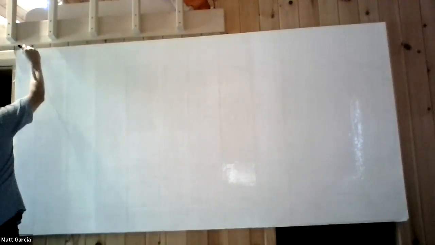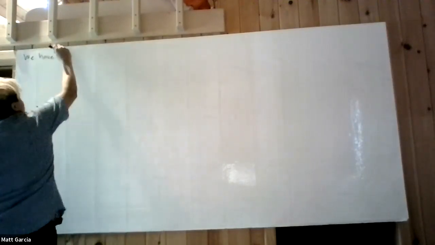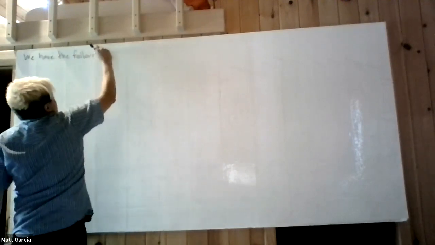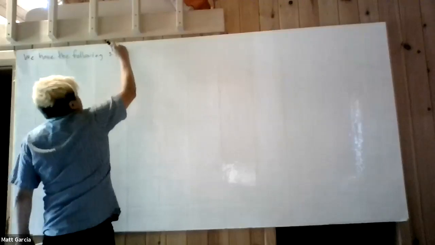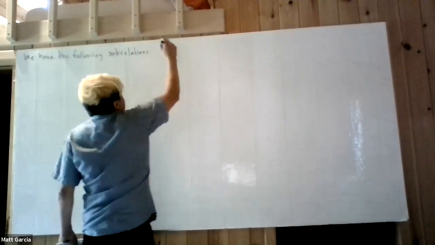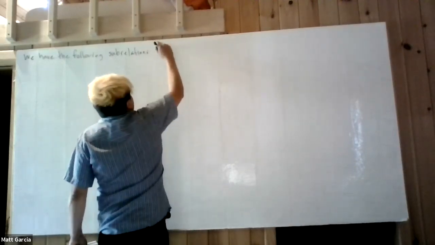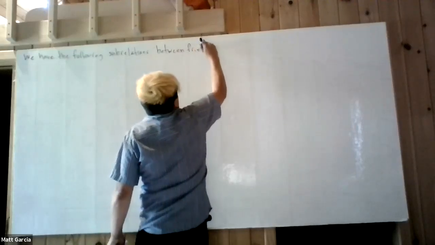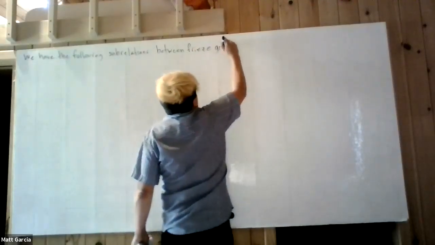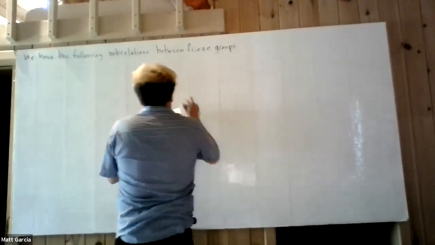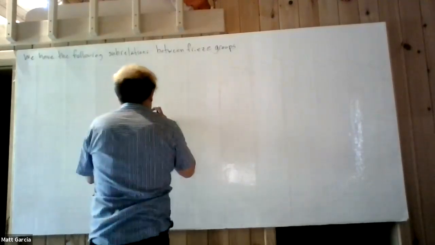So we have the following subgroup relations between Frieze groups. A nice looking diagram, in my opinion.